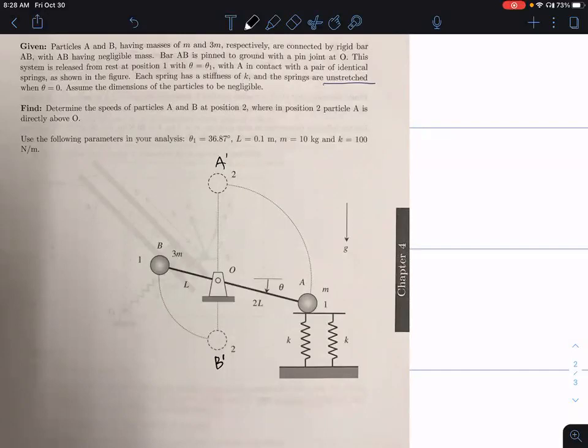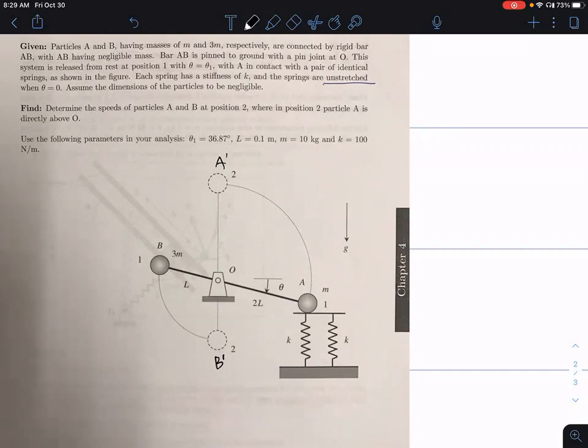We have two positions, and the free body diagram is going to look different at position 1 and position 2. At position 1, you're going to have the weight force from this particle and the weight force at this particle.